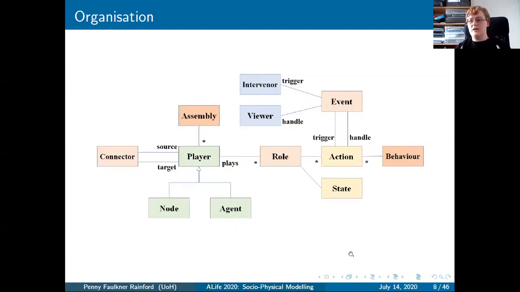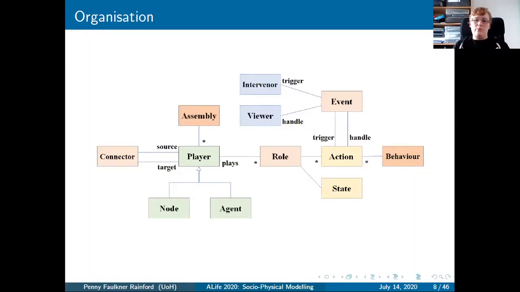So agents would be connected to a node by, in particular, a located edge connector, telling us where that agent is in a network at any time. We'd also have connectors between the nodes and the network telling us how those nodes communicate or how agents can move between them. And they're all players because they all have roles and they can have multiple roles, and roles just mean they act and they have internal state, which means they can remember things.